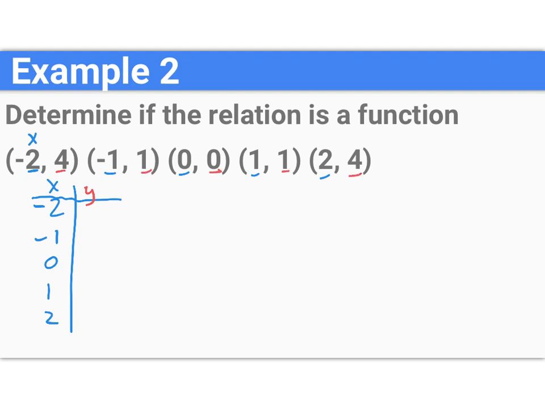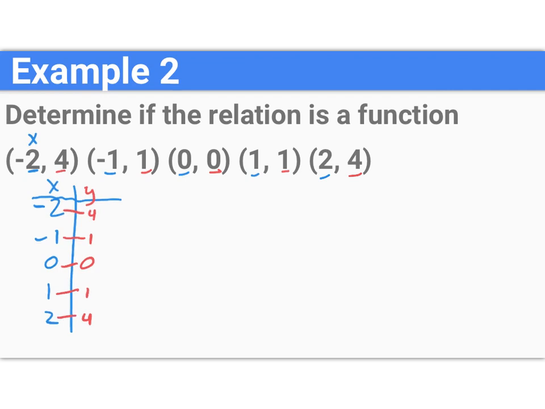So we see 0, 0. We see -1, 1. We see +1, 1. We see -2, 4 and +2, 4. So each domain goes with one range.